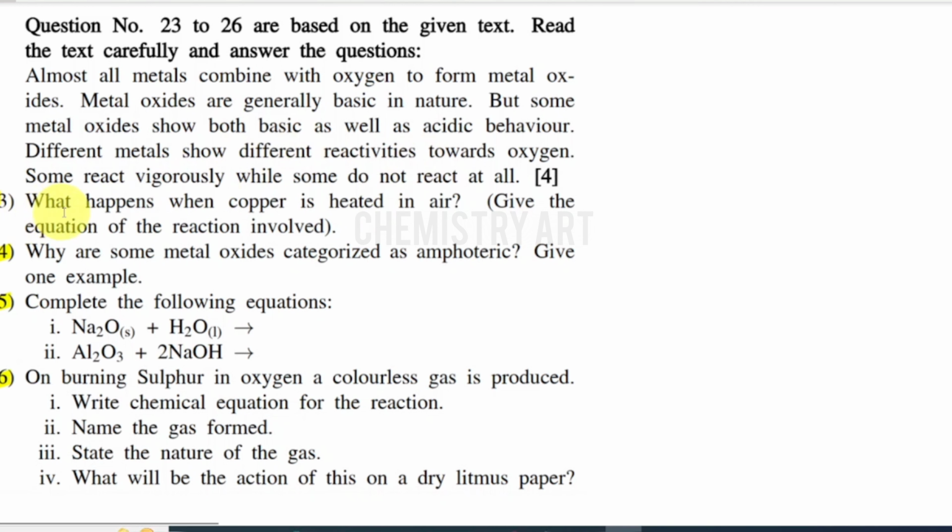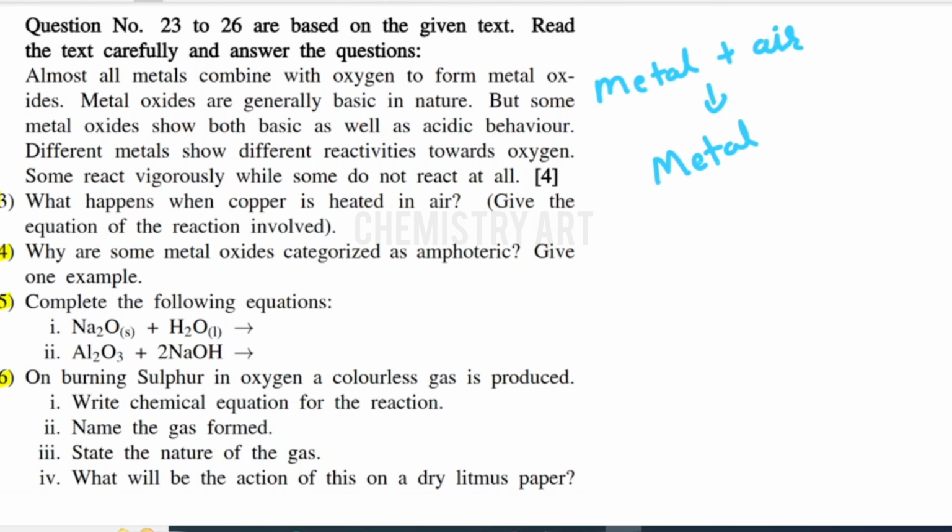And question number 23 is: what happens when copper is heated in air? So you must know that whenever a metal is reacting with air, in the air we basically have nitrogen and oxygen in more amount. So they are reacting with oxygen, and they form metal oxide.